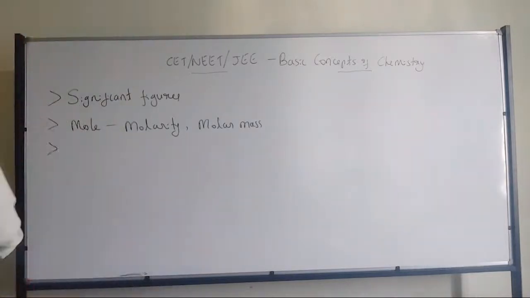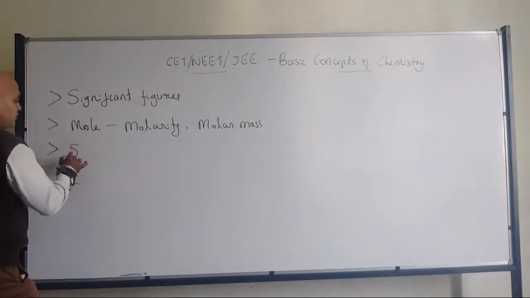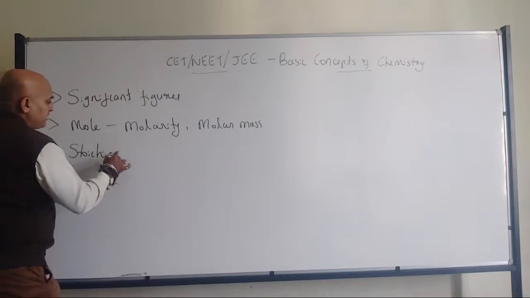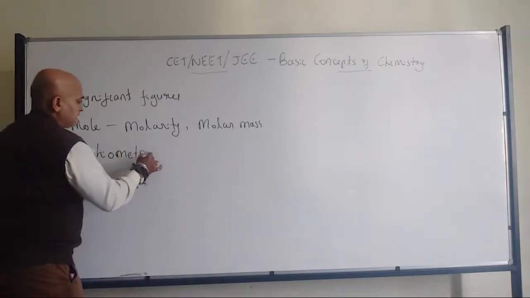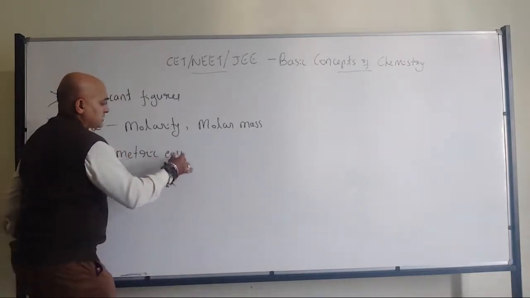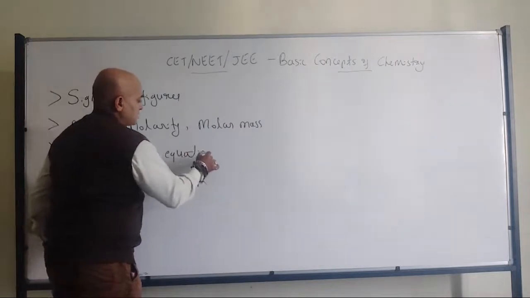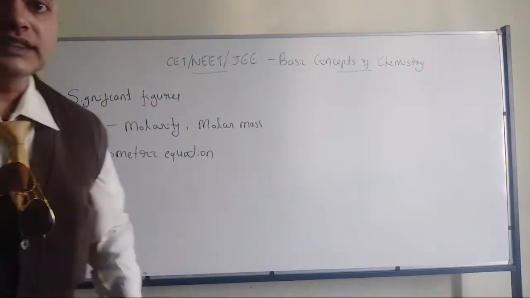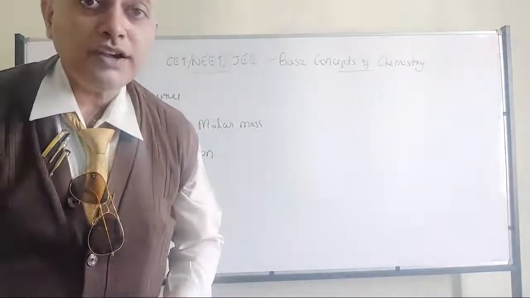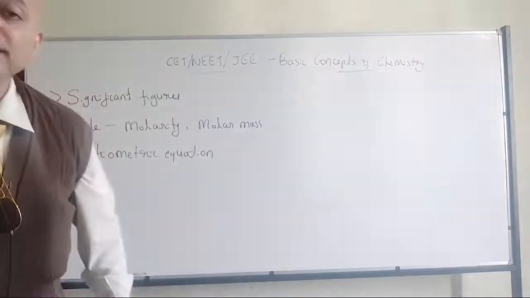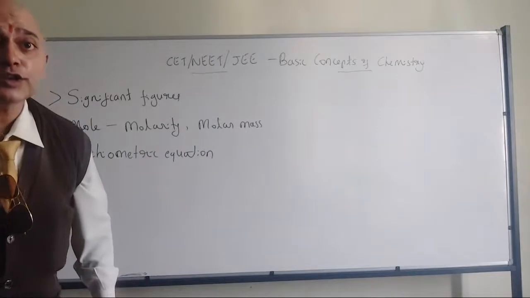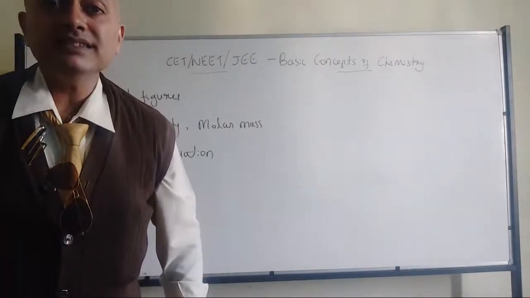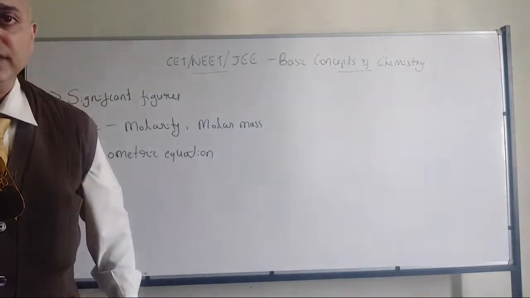Then we can expect the question from stoichiometric equation part. Now, when I am talking about stoichiometric equation, what do you mean by stoichiometric equation? It is related to a balanced chemical equation.